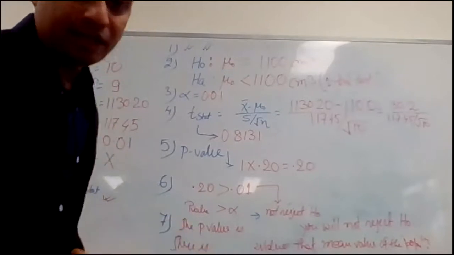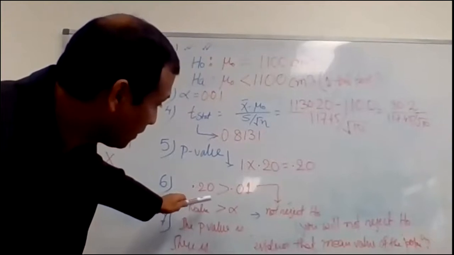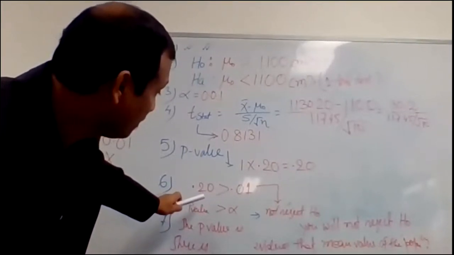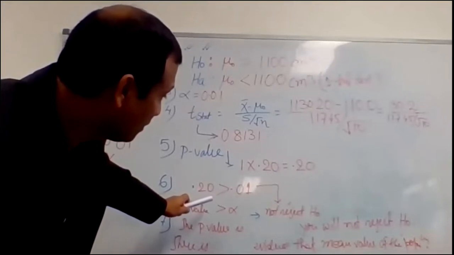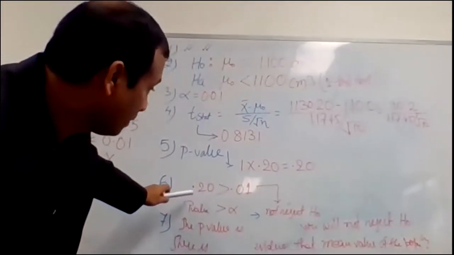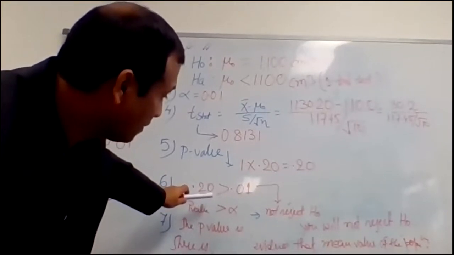Excuse me. Yes? In the PowerPoint slide, when finding the p-value, it says that if it's a left tail test, we take the area to the left of the test statistic. Okay, so where are we taking?